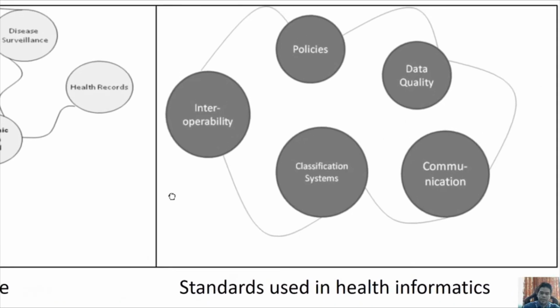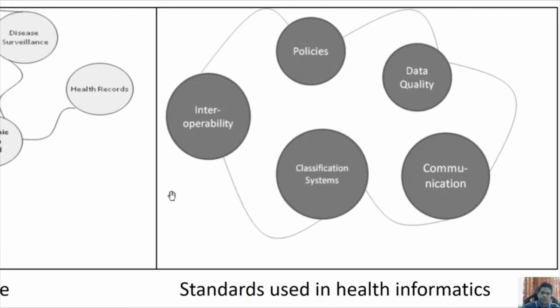So health informatics requires standards. If you want to develop a healthcare information system, you must include some standards: policies, interoperability, for example using HL7, or other standard classification systems, for example the terminology used, what type of communications, and data quality.